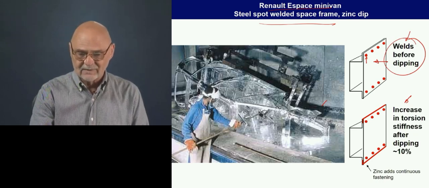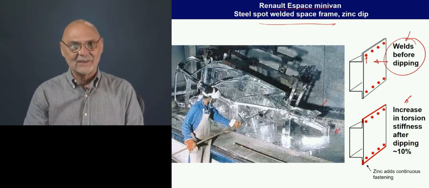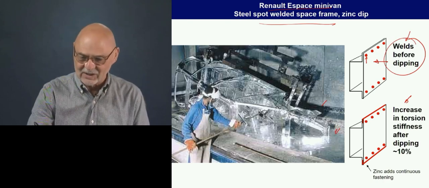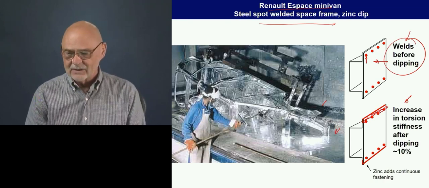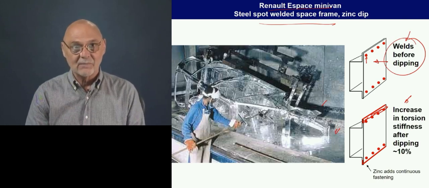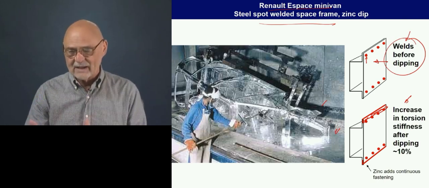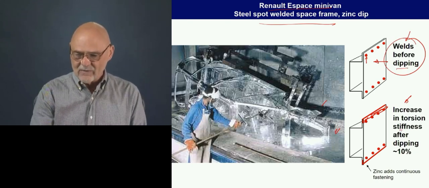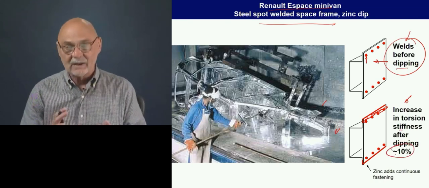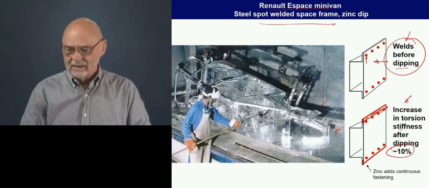After the structure was dipped in the zinc bath, it essentially forms a closed section. So we had the ability to compare the results of several bodies, both before dipping and after. And indeed, we found that this was about a factor of 10%.